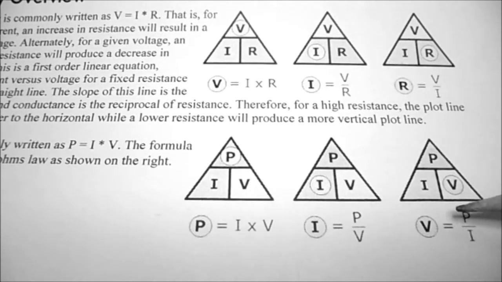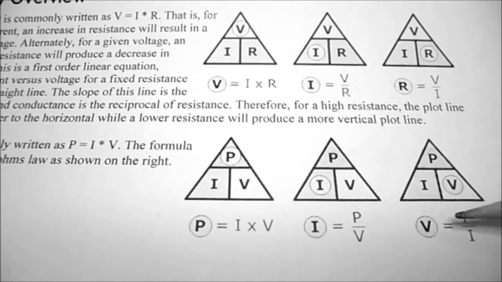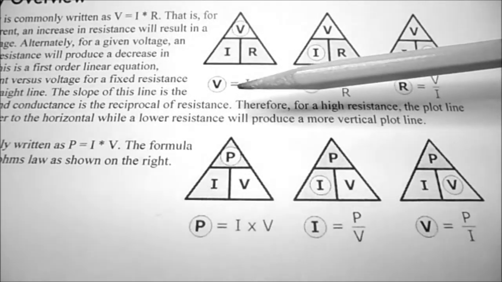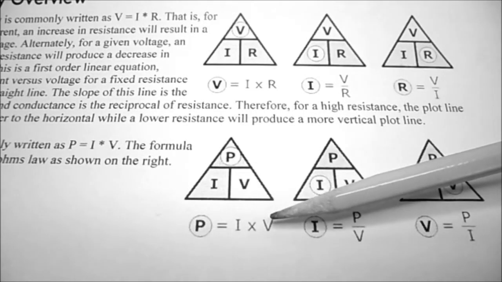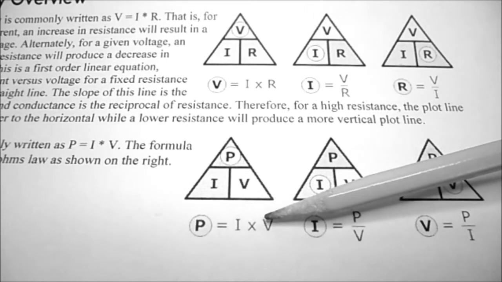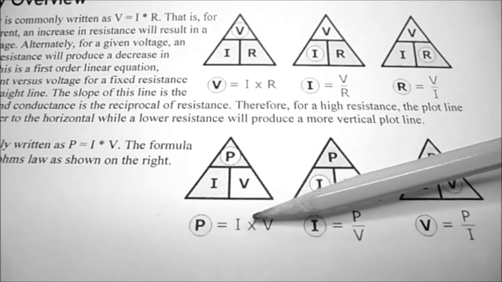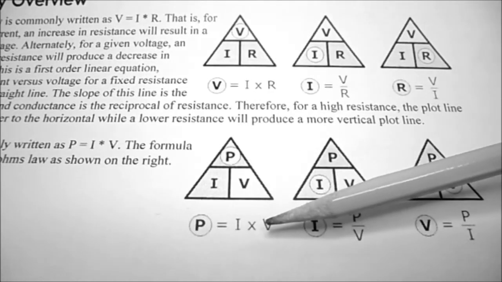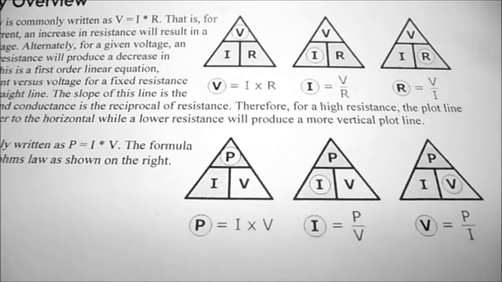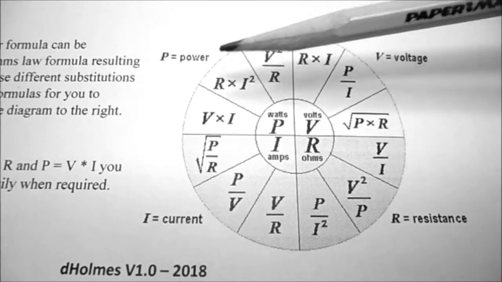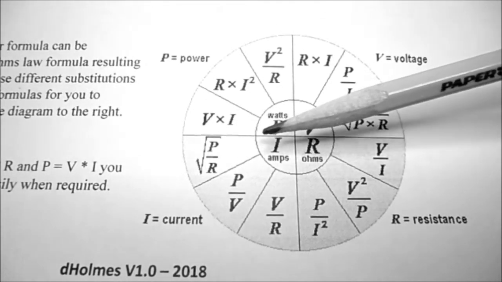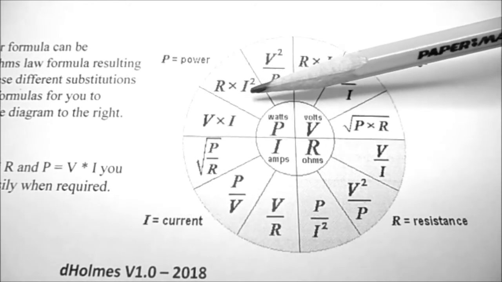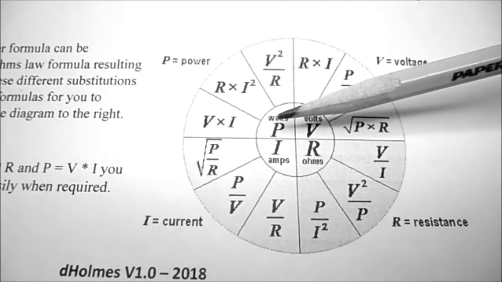So you can see you can rearrange these formulas around, and if something is unknown, say you did not know what V is, you could substitute V from Ohm's law into the power formula, and then the formula becomes I times IR, so the formula becomes power equals I squared R. So on the final graphic that I give you, you can see that power is equal to R times I squared. So that was the rearrangement of the formula that we just did.